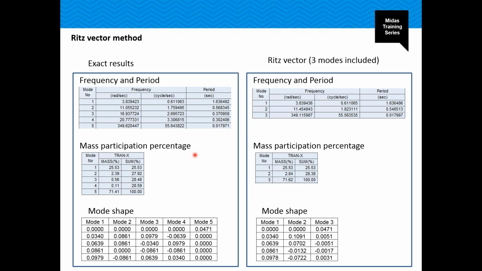Frequencies and mode shapes are still different for the first and the third mode, but the mass participation percentage is almost 100%, although only 3 modes are included. Let's see the response of the structure obtained from the time history analysis in the next slide. Actually, the response of the structure is more important for engineers than mode shapes.